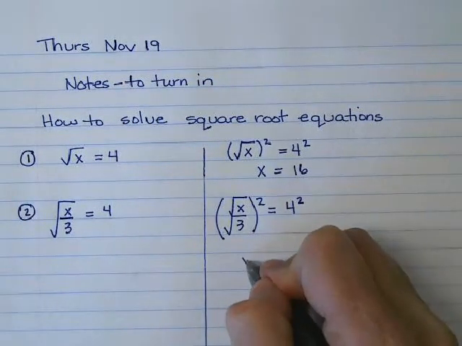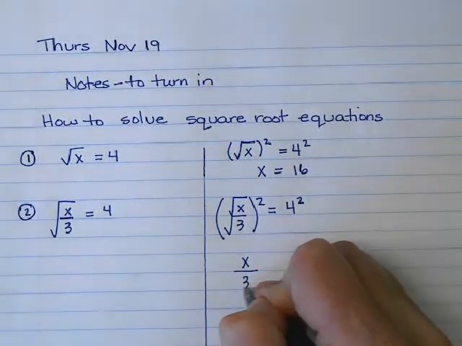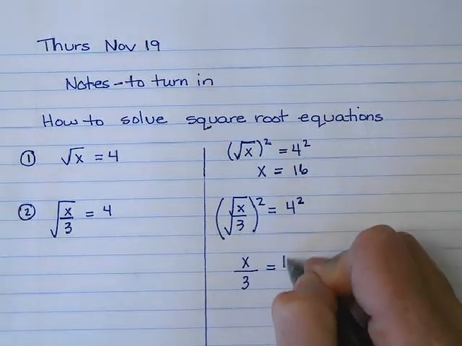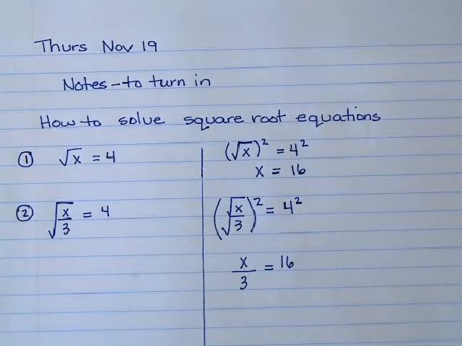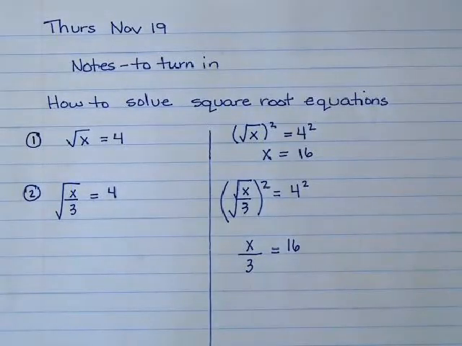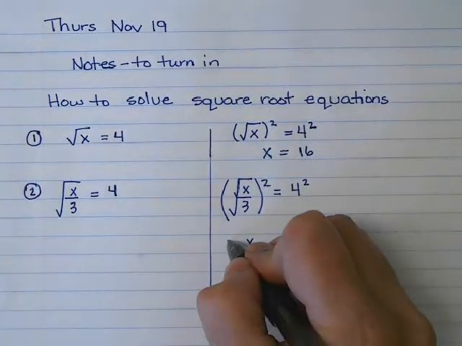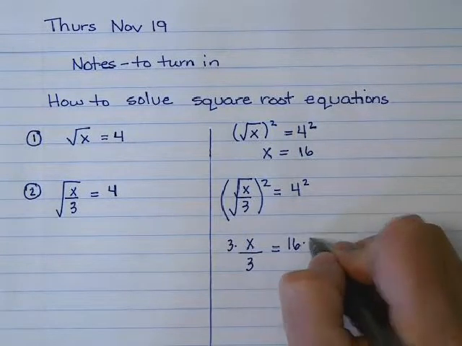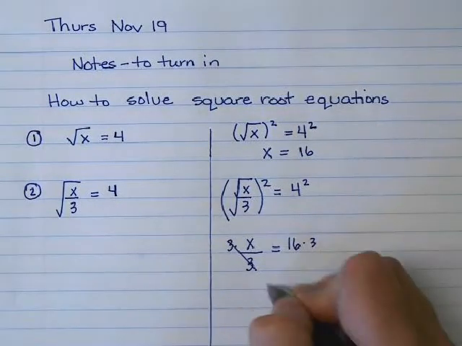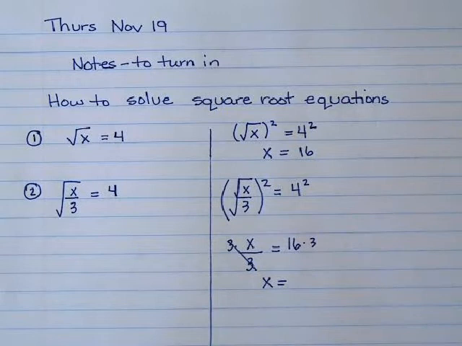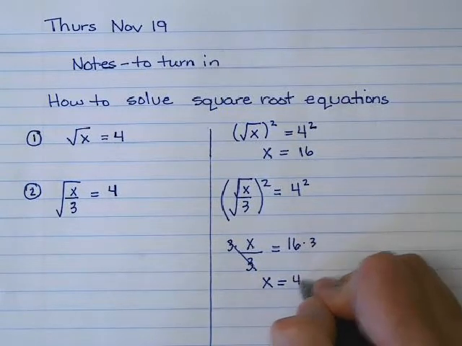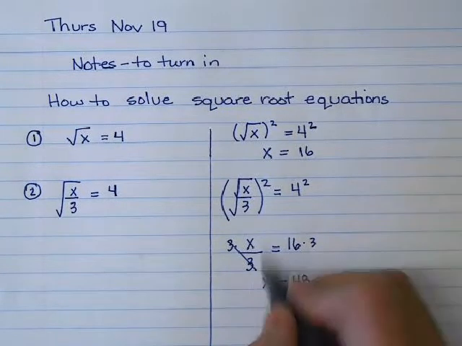And it just leaves you with x over 3. It's like they cancel each other out. Okay, and then we multiply both sides by 3. That cancels out. Let's see, 3 times 16, 48. And that's it.